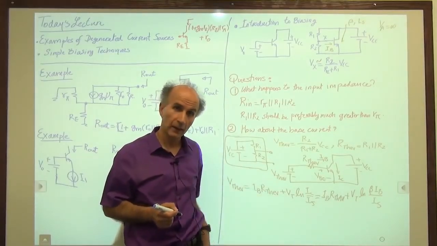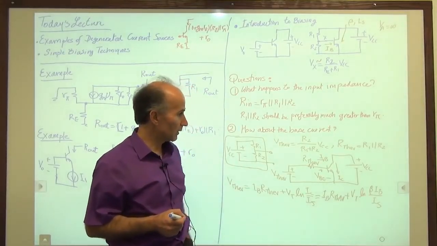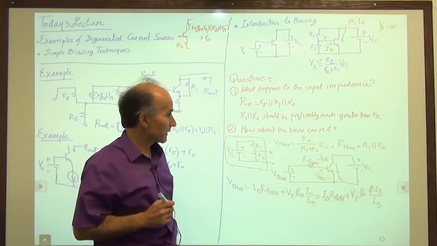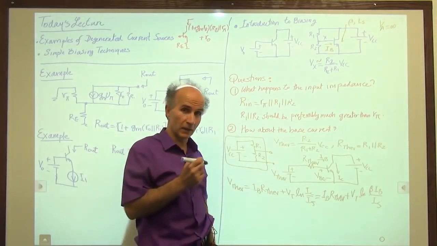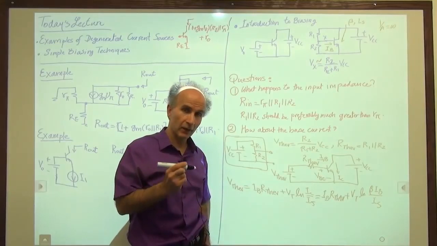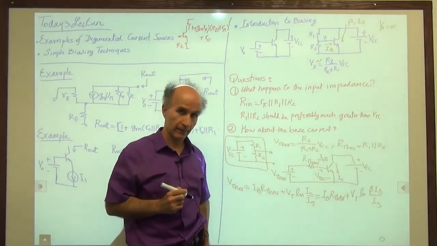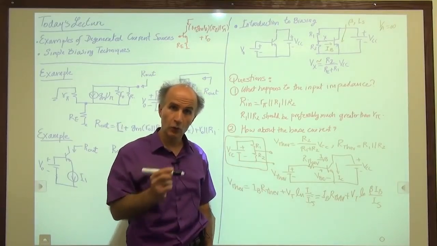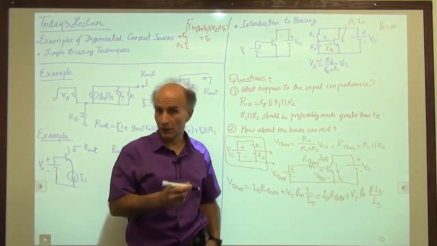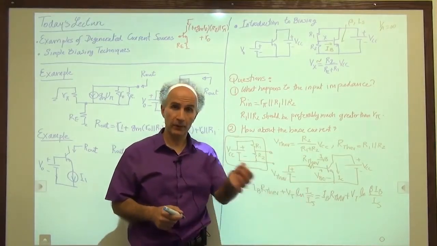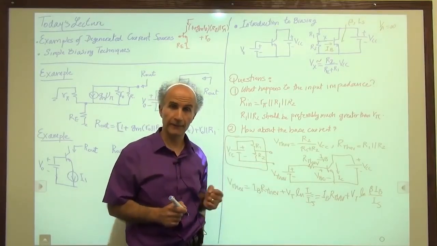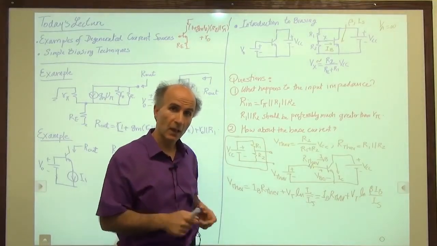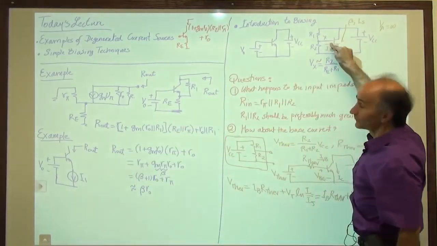And that's fine. But in practice, actually, we don't go that route, primarily because we see that there is some sensitivity in the circuit to the beta of the bipolar device. If the beta of the bipolar device changes from 100 to 50 because of various effects, maybe from one sample to the next sample, maybe with temperature, etc. So if beta changes from 100 to 50 or from 100 to 200, then this current changes.